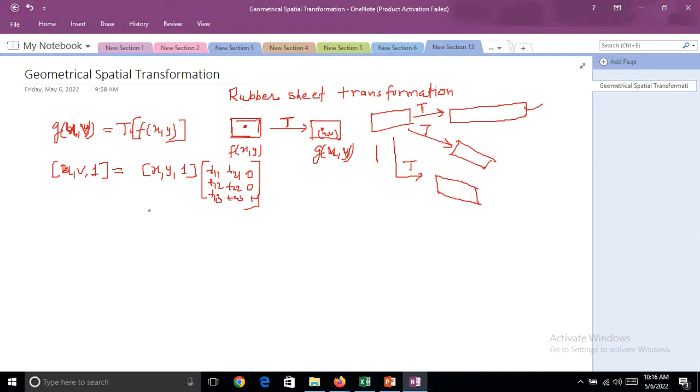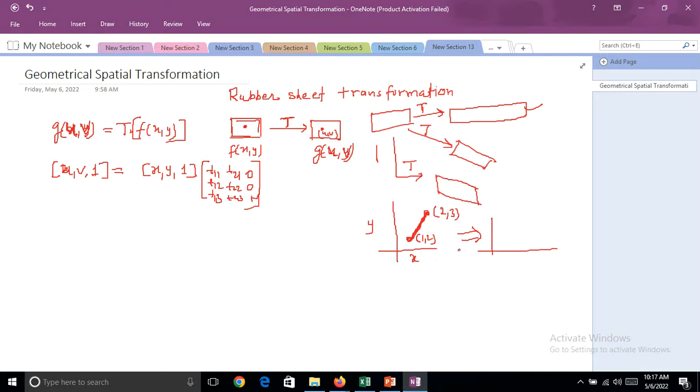Now let us say we have an image that is simply a line. This is the x coordinate, y coordinate. This end is 1 comma 2, and this end is say 2 comma 3. Now we want to scale it.